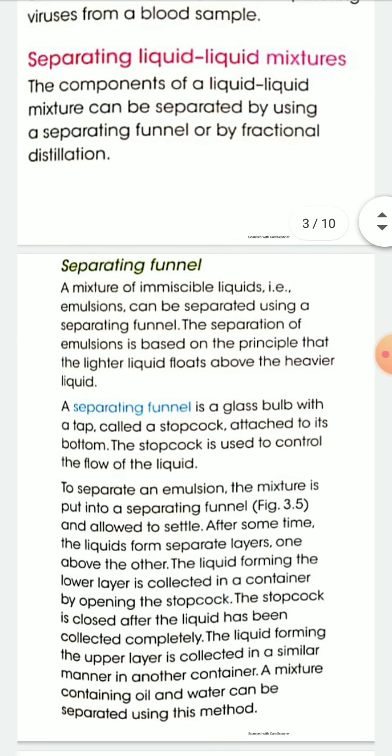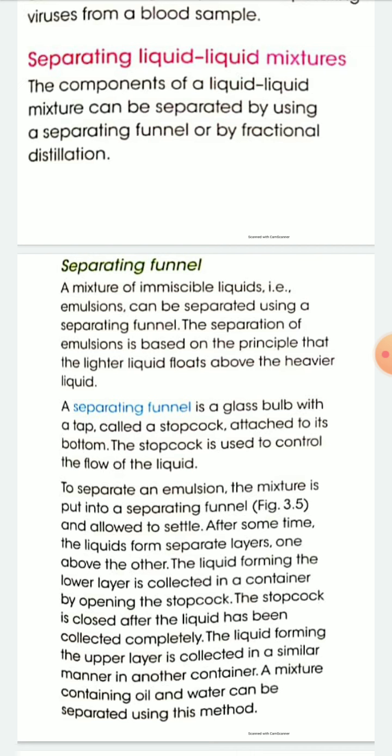Separating liquid mixtures, that is, separation of a mixture of two or more liquids. The components of a liquid mixture can be separated by using a separating funnel or by fractional distillation. So using these two methods, you can separate out a liquid mixture.